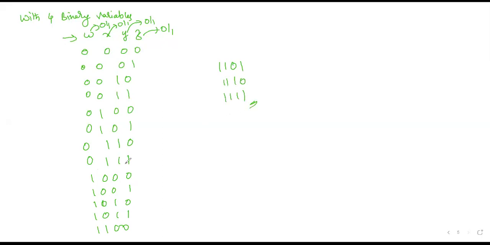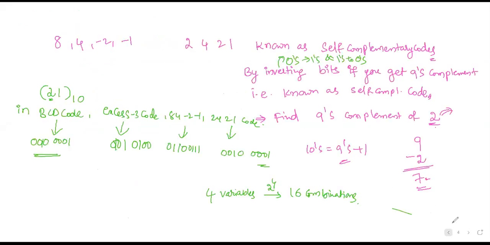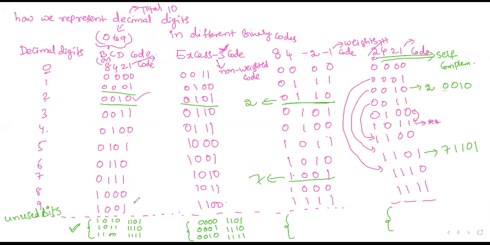Okay. These are the 16 combinations. So in the 16 combinations, whatever combinations are presented here, note it down. Remaining combinations write down here as unused bits.